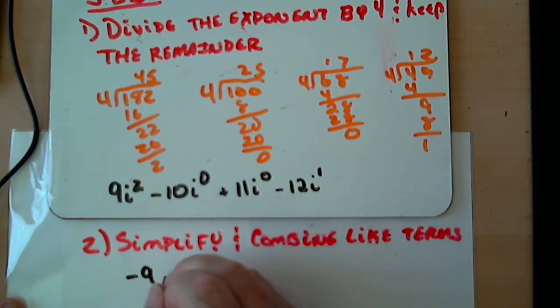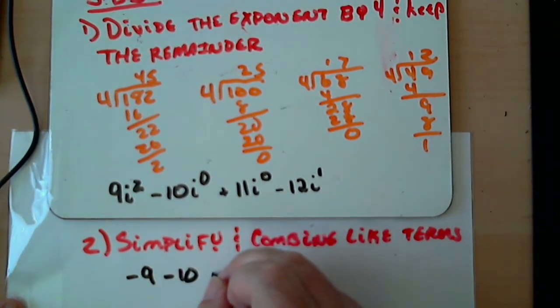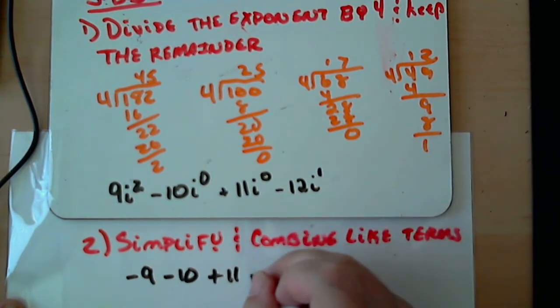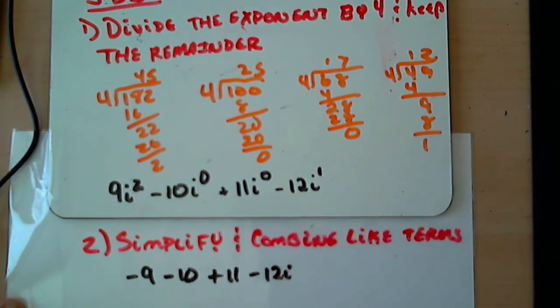That's just 1, so this is -10. That's just 1, so this is +11. And that's just i, so I got -12i. Quick math here: -9 minus 10 is -19, and -19 plus 11 is -8.